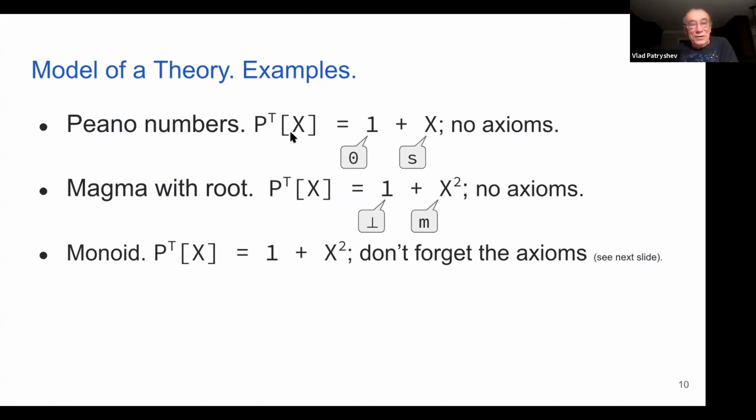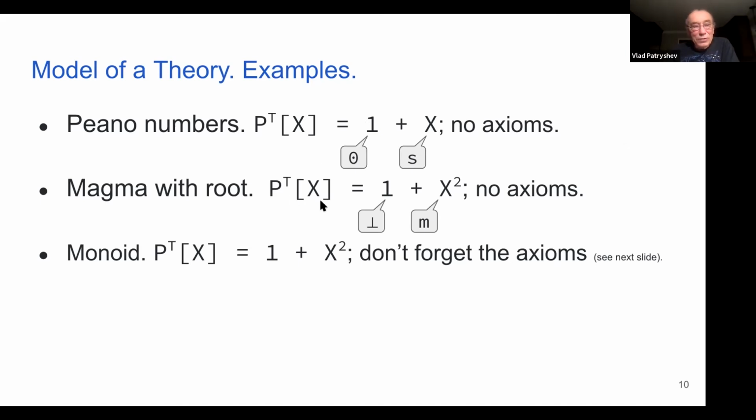One example is Peano numbers, which has a nullary operation and a unary operation s. So we'll need x to the power of 0 and x to the power of 1, and take the sum. So 1 plus x. That's the functor for Peano numbers. A model would be a function that takes 1 plus x and maps it to x.